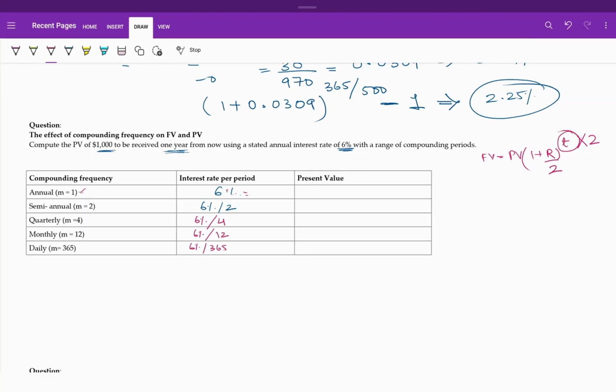The present value is going to be 1000 times 1 plus 0.06 to the power 1. Here the present value is 1000 times 1 plus 0.06 divided by 2 to the power 2.